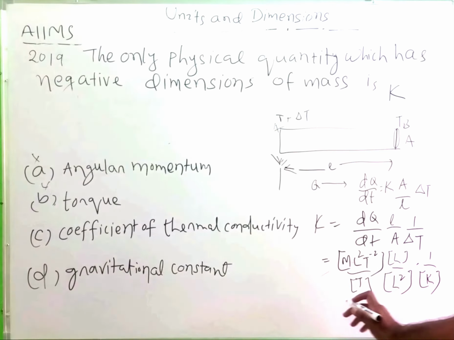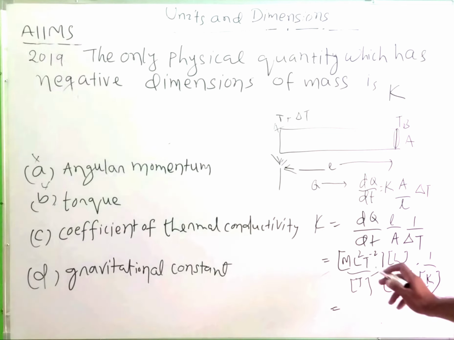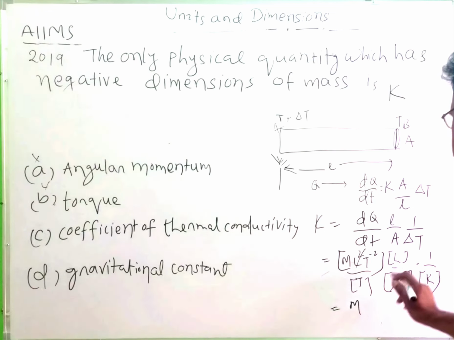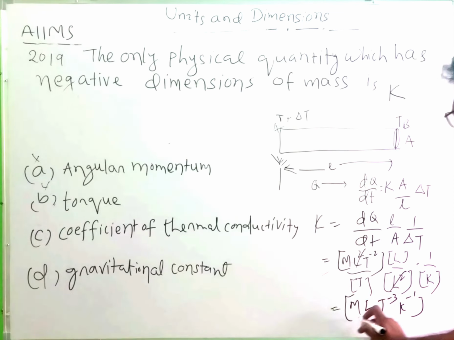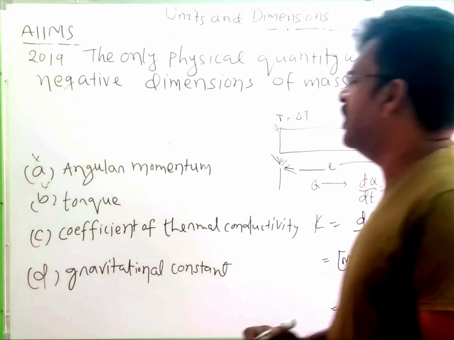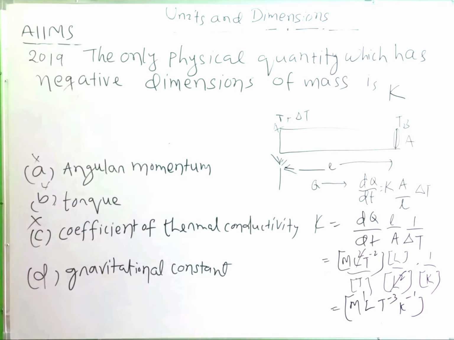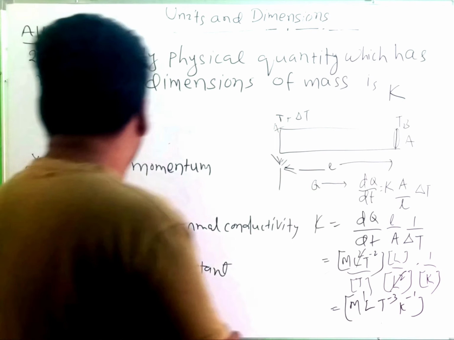Then L^2 cancels out, and it becomes M L T^-3 K^-1. This is the dimension of the coefficient of thermal conductivity. So the dimension of mass is here also 1, and therefore this also does not have a negative dimension of mass.